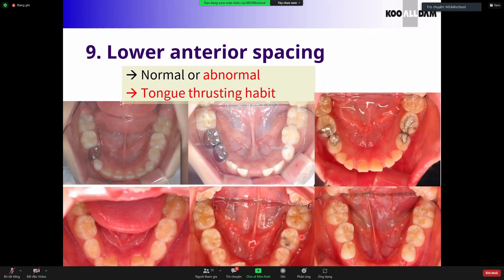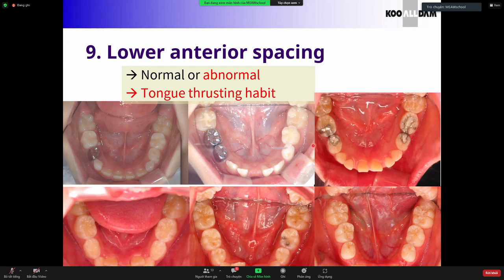If there is a spacing in this area, what happens? The patient may thrust the tongue into this space area. So this is called passive tongue thrusting habit.